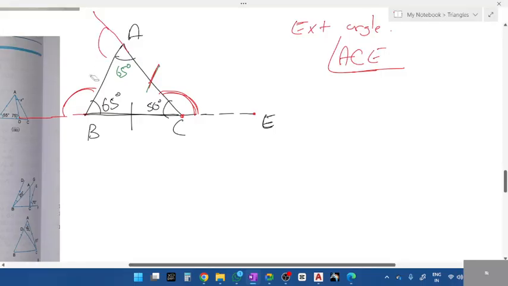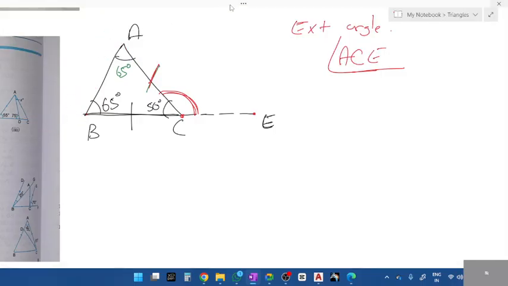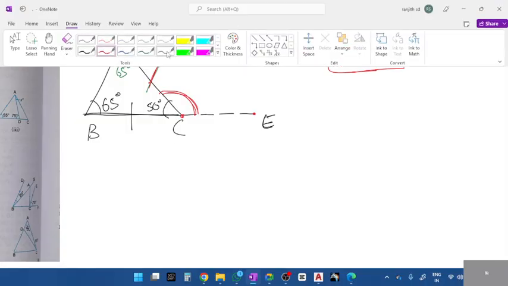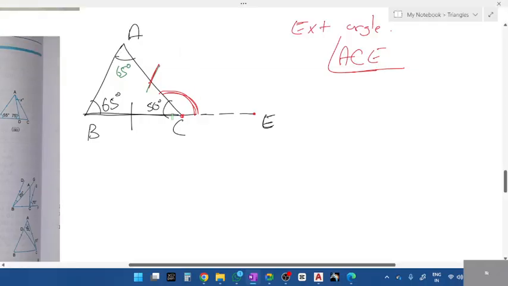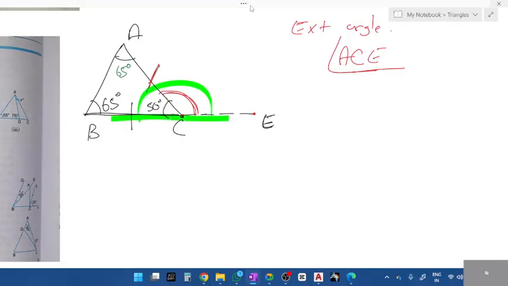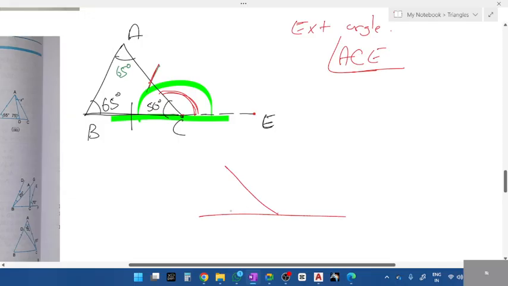Now there are two formulas for exterior angle. One is, if it is a straight line, which angle is split into two parts here, A, B, or C? Angle C is split into two. Imagine we place a protractor.